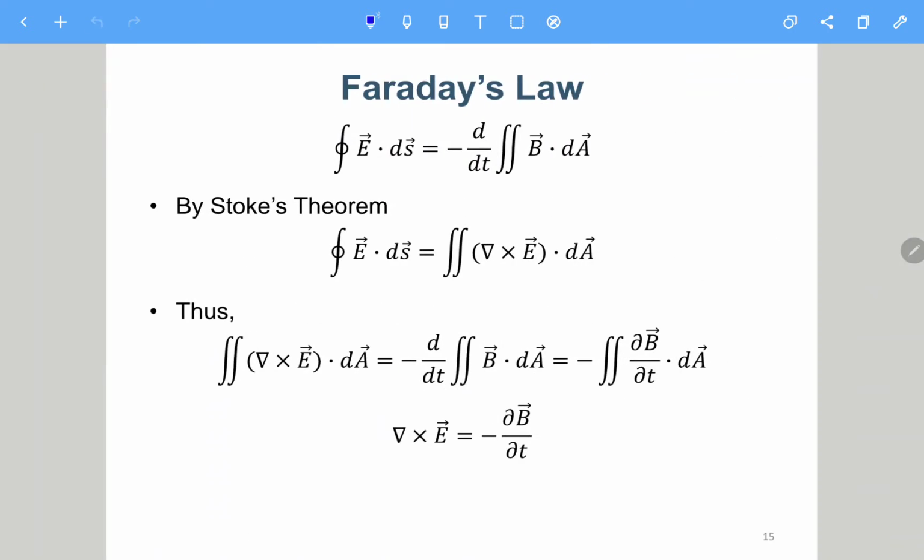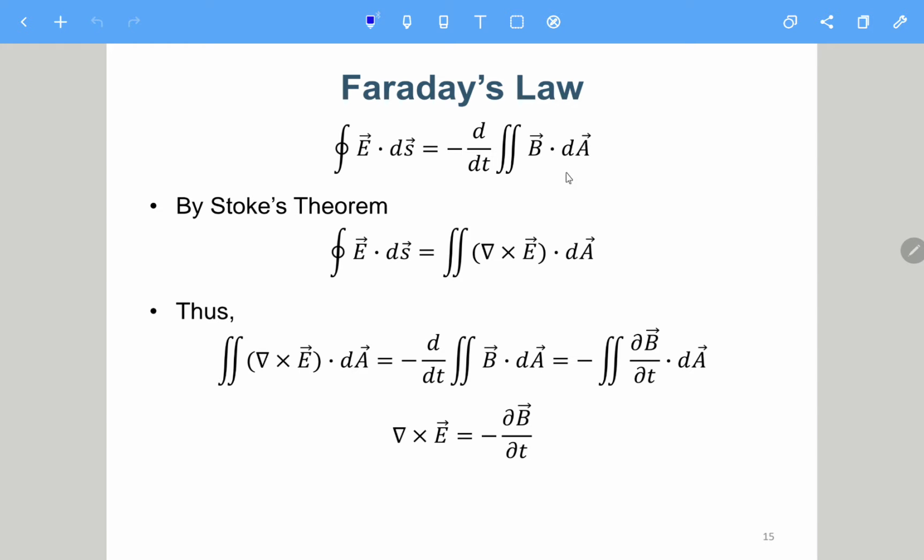And then for Faraday's law, of course, we do not use the divergence theorem anymore. We would like to use the Stokes theorem. This is the Faraday's law you study in chapter 30. On the left side, this is the EMF.